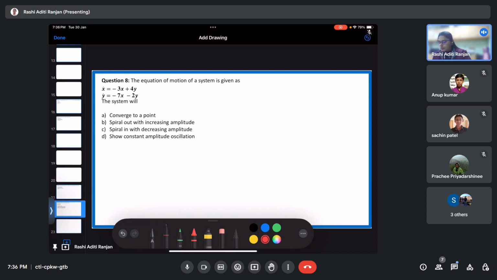I have taken this question in order to tell you how you can use MATLAB for finding out the system's behavior. So you can see that this is a linear system, but two-dimensional, isn't it? So how will I know how the system is going to behave?